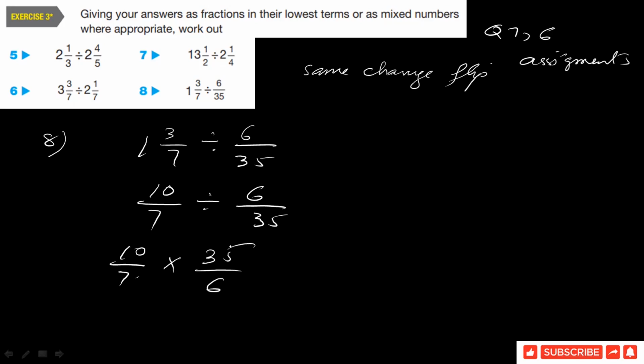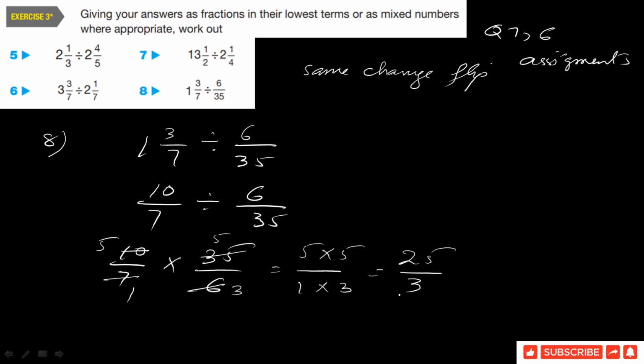So 7 times 1 is 7, 7 times 5 is 35. 2 times 3 is 6 and 2 times 5 is 10. Now we have 5 and 5 in the numerators and the denominators are 1 and 3. So we multiply. 5 times 5 is 25 divided by 3.